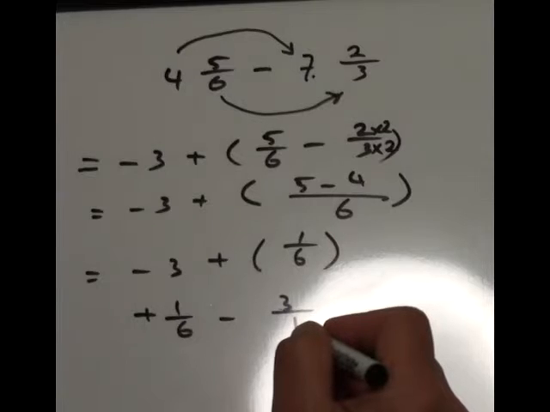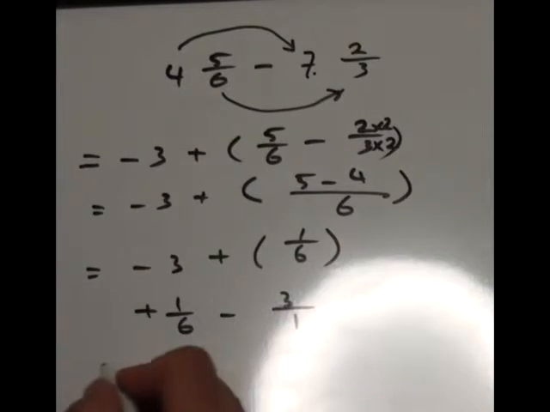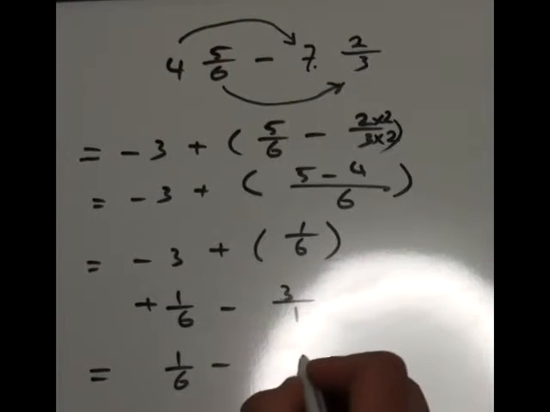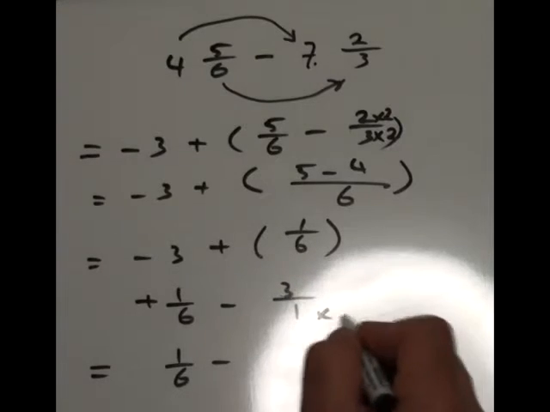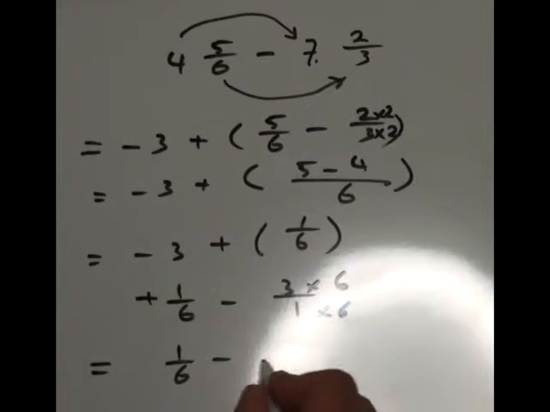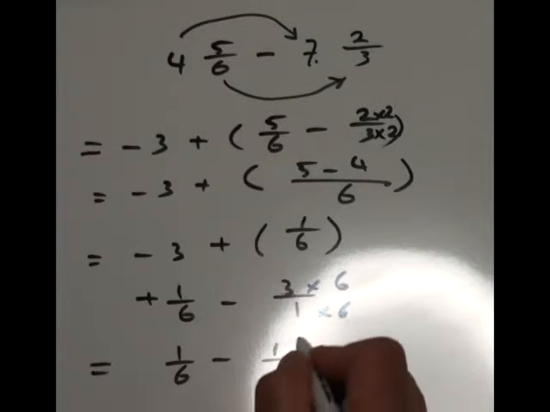So I can make a 6 on the bottom here, which will become 1/6 minus... well, to make that a 6 on the bottom, we multiply 6 on the bottom, multiply 6 on the top there. So this will become 6 on the bottom, 3 6s on top, 3 times 6 is 18.